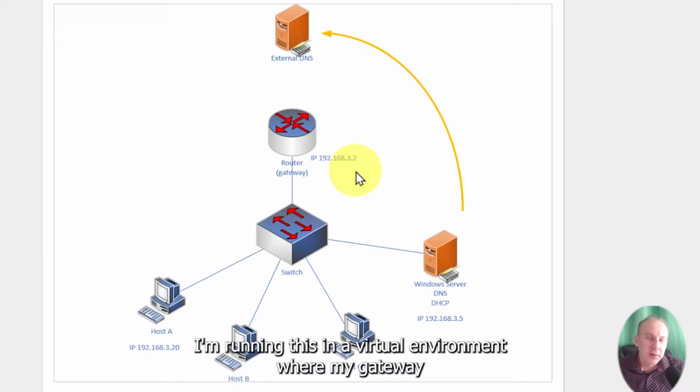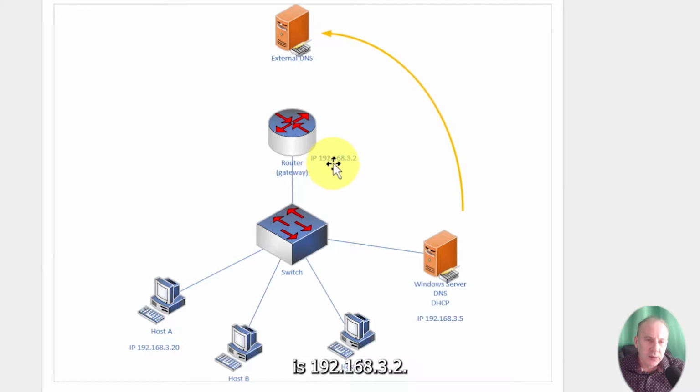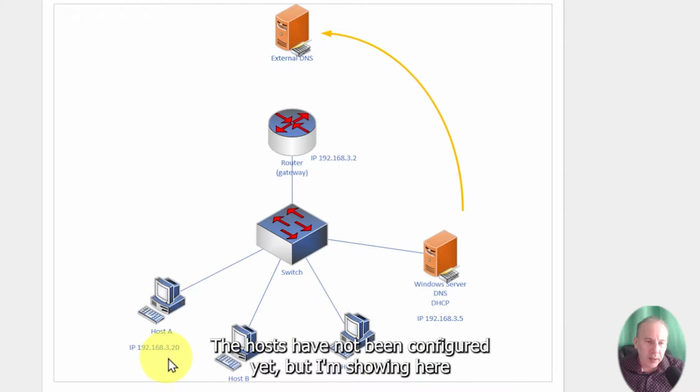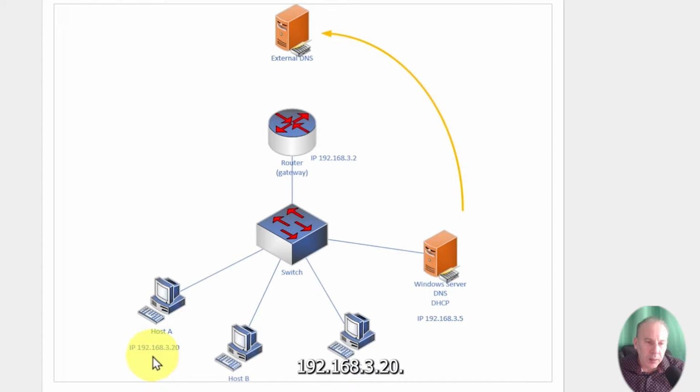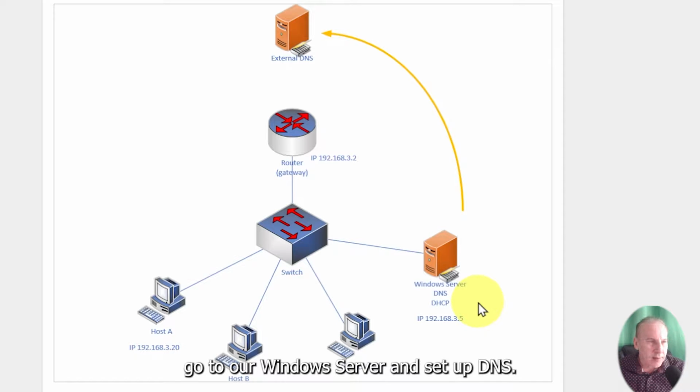I'm running this in a virtual environment where my gateway is 192.168.3.2 and my Windows Server is 192.168.3.5. The hosts have not been configured yet, but I'm showing here 192.168.3.20 as an example. So let's go to our Windows Server and set up DNS.